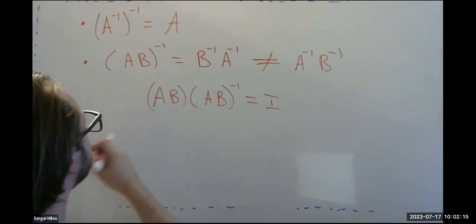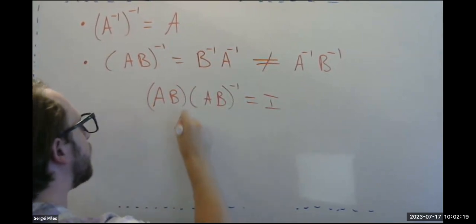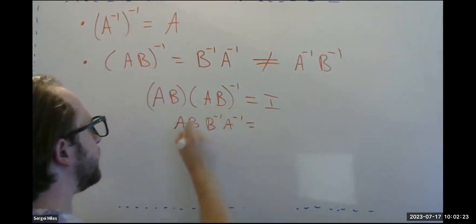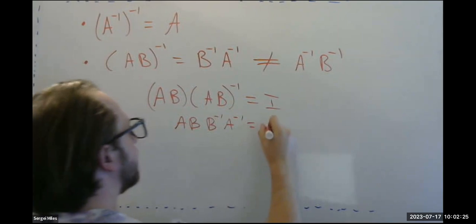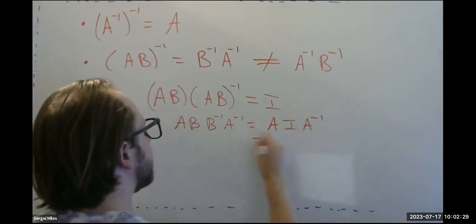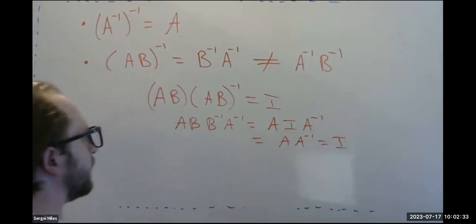But if (AB) inverse is B inverse A inverse, well, now what happens? Well, now it works all nice. B times B inverse is the identity. So this is A times the identity times A inverse. But that's really just A times A inverse. But now that's just the identity, right?